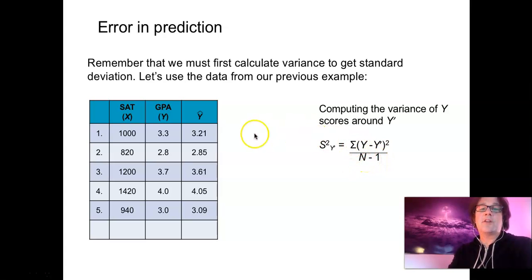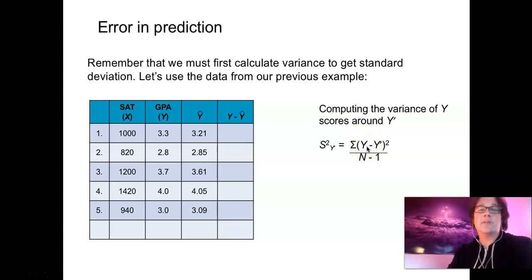So in this case, we're going to create a new column where we take our actual y-scores and subtract out our predicted y-scores. So let's start by doing that, right? So there you go. I did them for you.